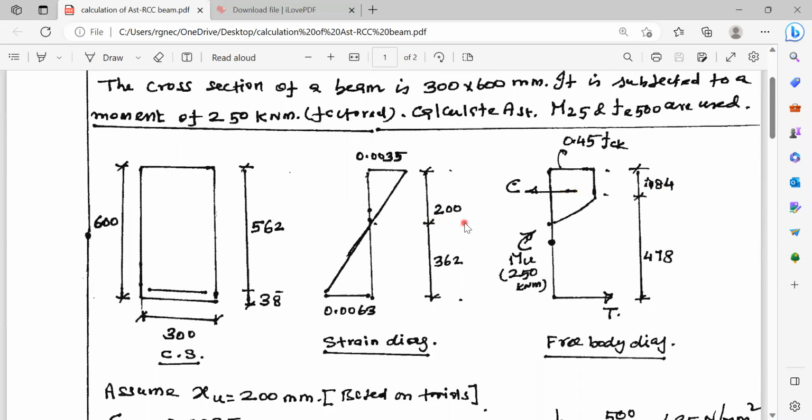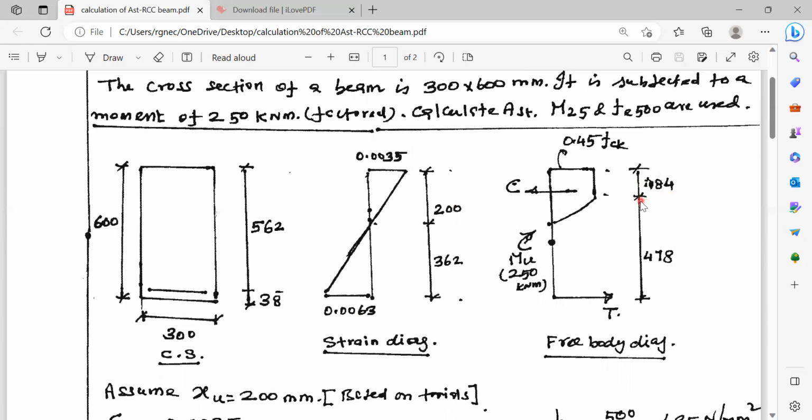That is, XU is equal to 200 mm, and 0.42 times XU is equal to 0.42 times 200, that is coming to 84 mm.